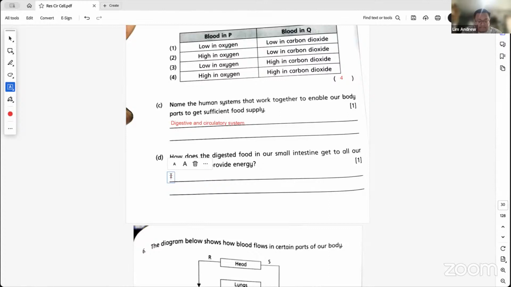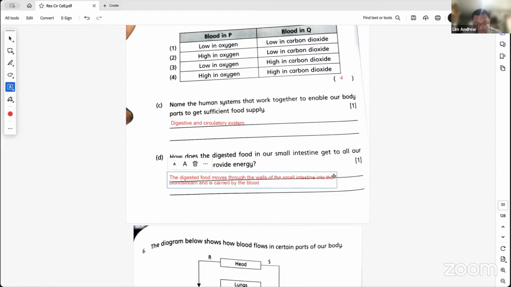First, you have to mention the subject. So the digested food, in our small intestine, moves through the walls of the small intestine into the bloodstream and is carried by the blood.